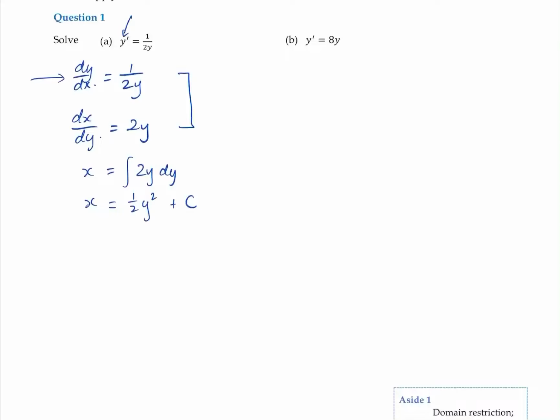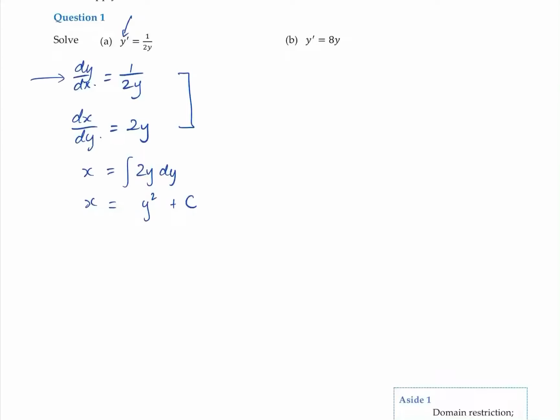Now we do need to write this in terms of y. Why have I got a half there? My apologies. The primitive of 2y is y squared, not half y squared.